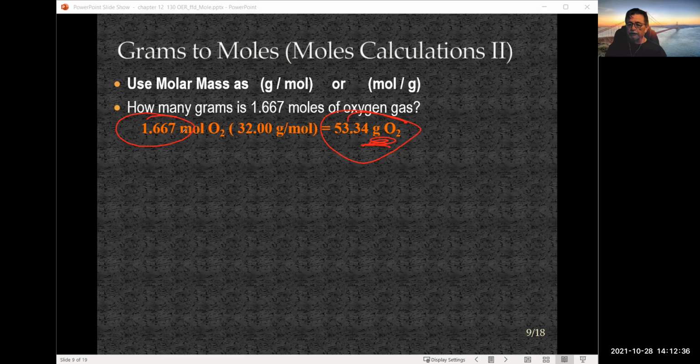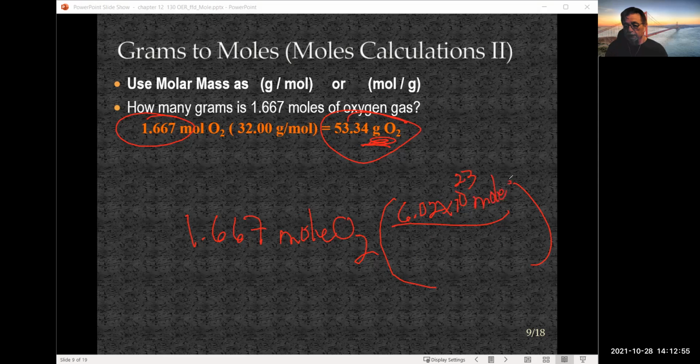And if we needed to calculate molecules of oxygen with Avogadro's number, I can easily take 1.667 moles of O2, use Avogadro's number, 6.02 times 10 to the 23rd molecules of O2 per 1 mole of O2. And I can actually calculate that.